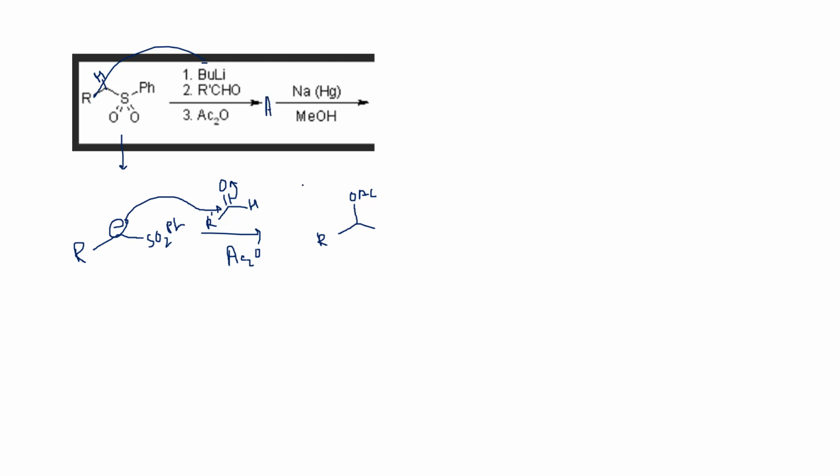So this one is our A. Then by using sodium amalgam, what will we get? By the similar mechanism, we'll get an E double bond.